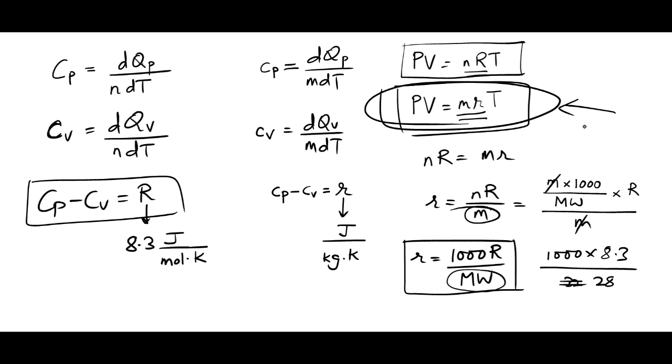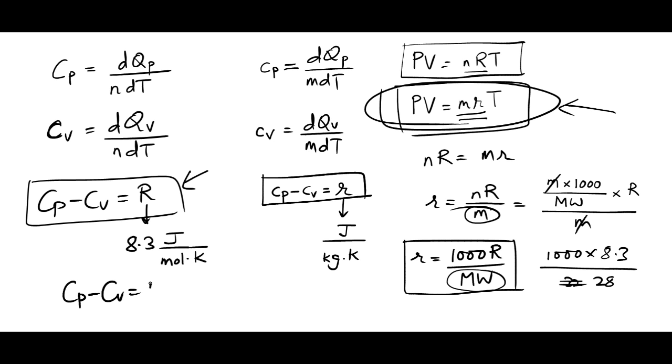So I now turn to this equation. How come small Cp minus small Cv is equal to small r? So we can very easily prove that by starting from this equation, Cp minus Cv equal to capital R. I'll just rewrite that over here.